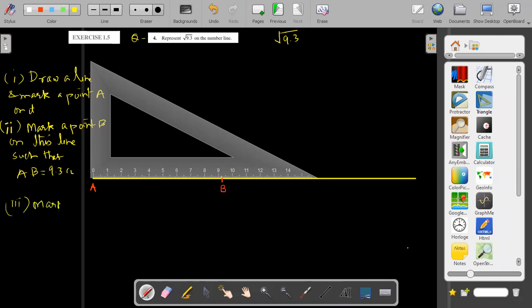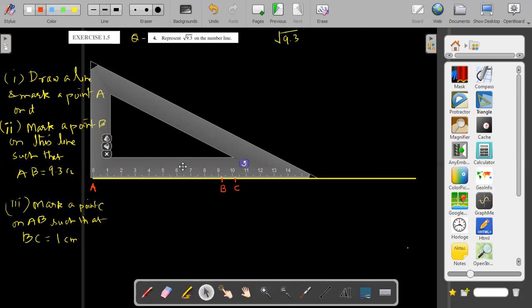Since we are using centimeters, this point C will be at 1 centimeter after B. So this point will be your point C. Mark point C at 1 centimeter.